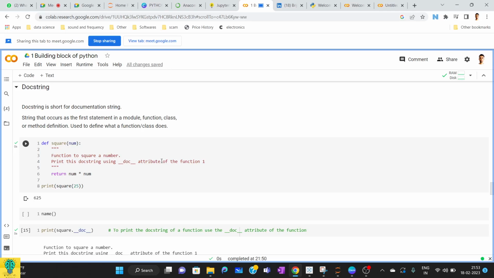Answer this one, and I hope nobody is wrong with this one. Indentation in Python is used for what? Beautification of code, or level of code block? Yes, level, right?